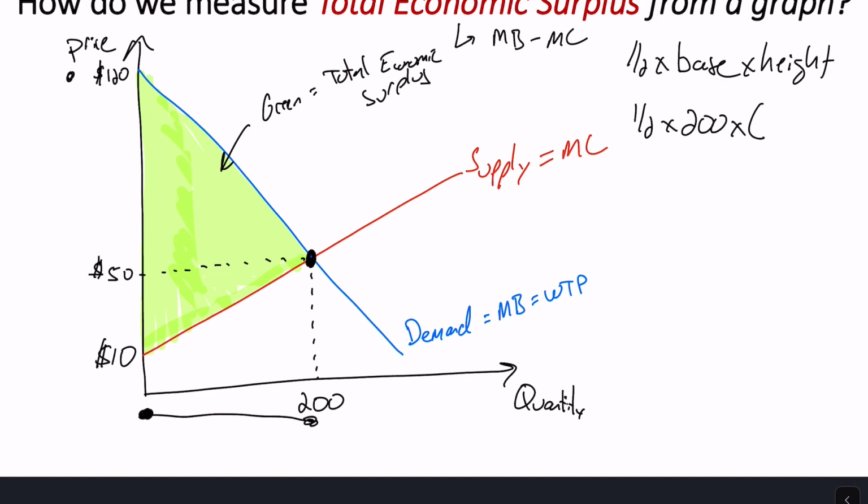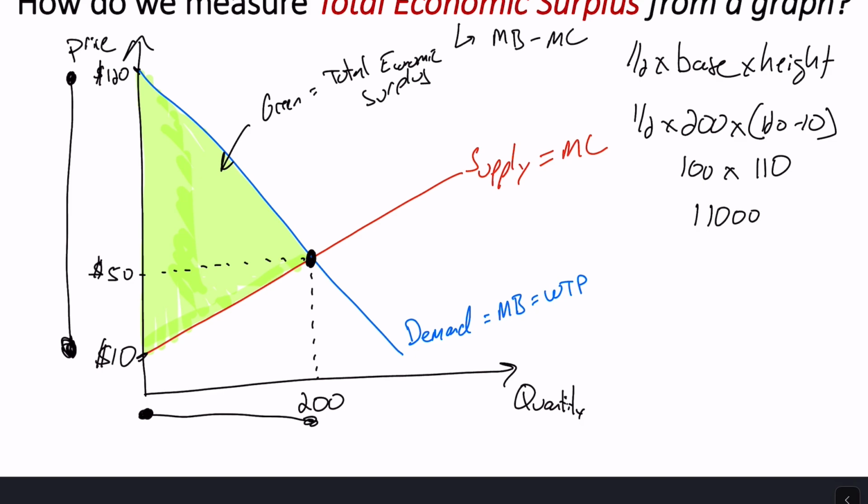Our height will be from 120 down to $10 where the supply curve crosses. So where the demand curve crosses the y-axis and the supply curve crosses the y-axis, that'll be 120 minus 10. All right, so you put that into your calculator, and we'll get 100 times 110, and so we'll get $11,000 here for total economic surplus.